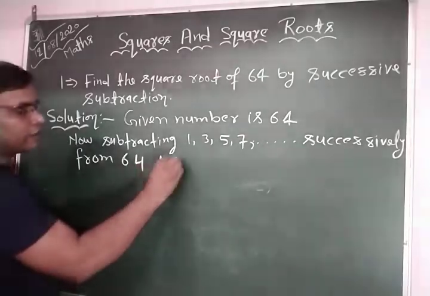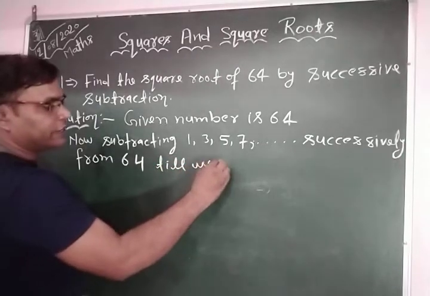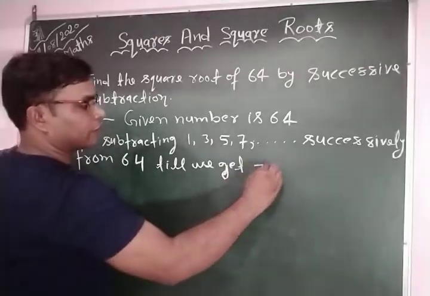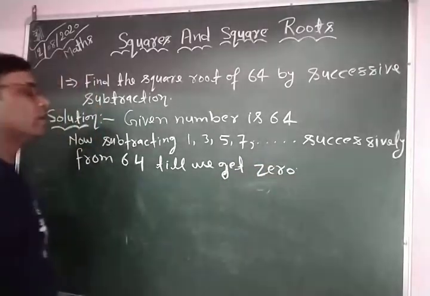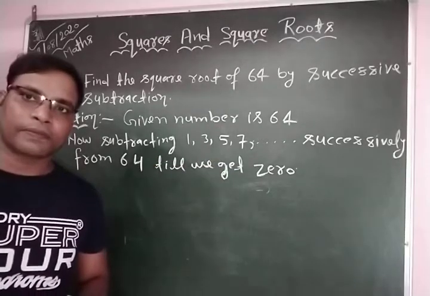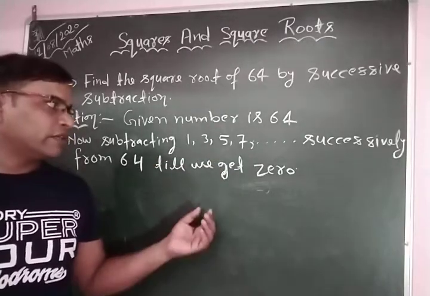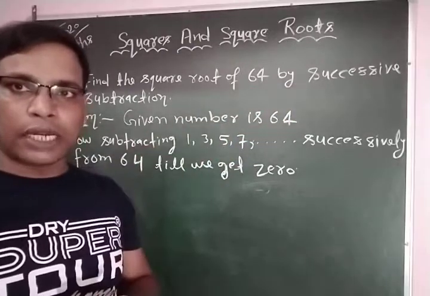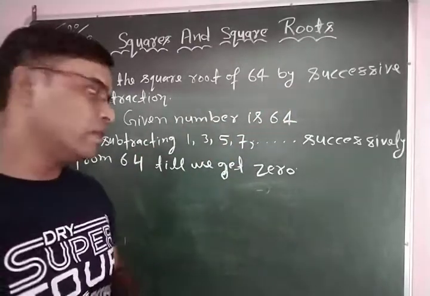So we subtract odd numbers from 64, starting from 1.